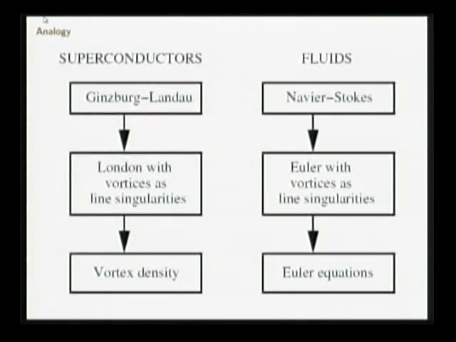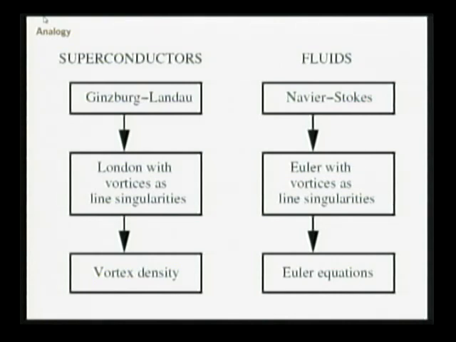And then this is the final slide that shows the analogy between superconductors and fluids. Most of the courses this week have been drawing the analogy at this level. So we've had the Euler equations with vortices as line singularities, and that's fairly close to the London model, again with vortices as line singularities.